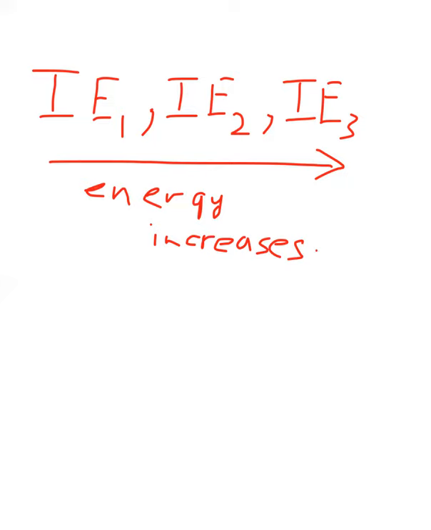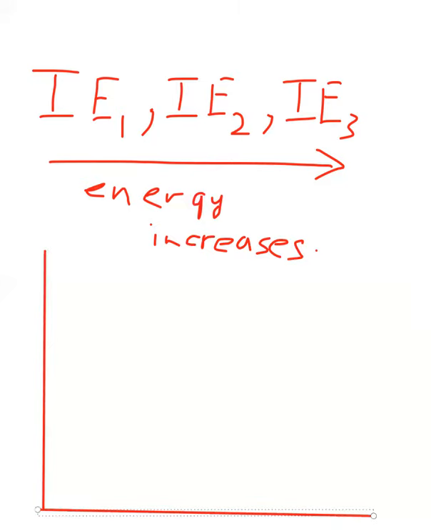So if you draw a graph for the successive ionization energies, the x-axis has number of electrons, and the y-axis has the log of ionization energies, because ionization energies are too large to be written down.